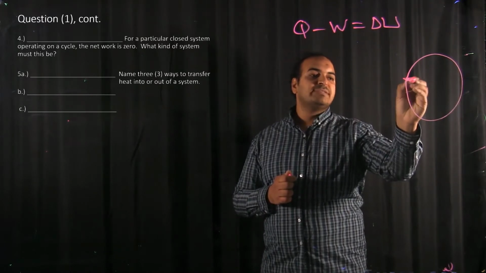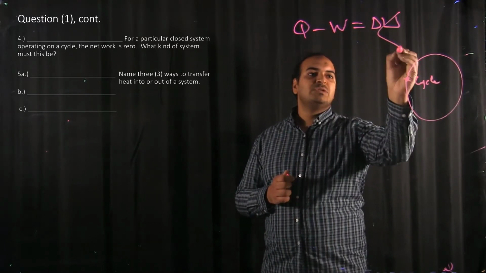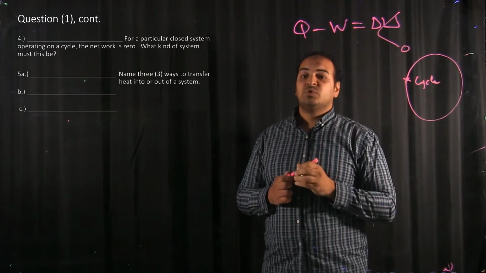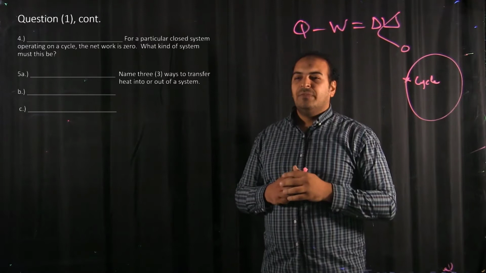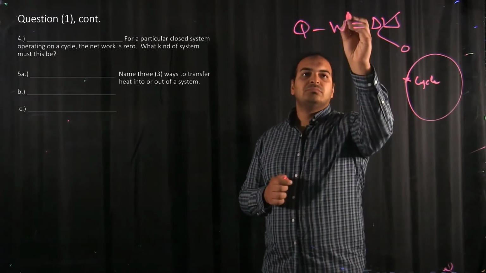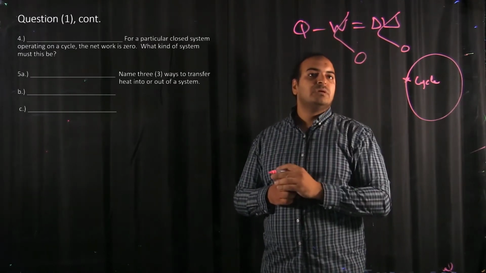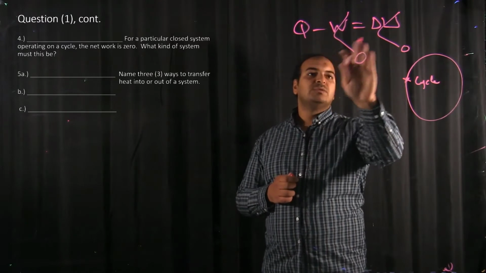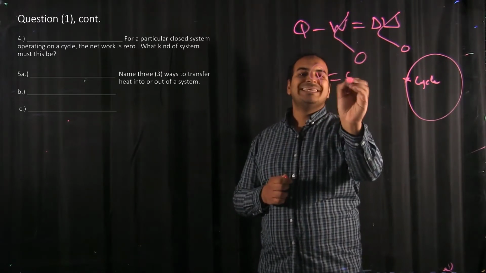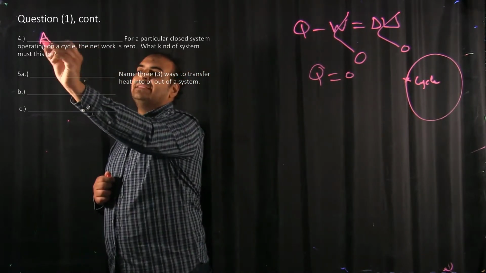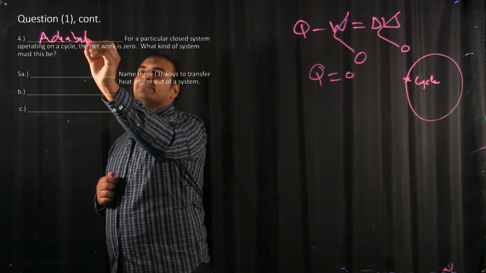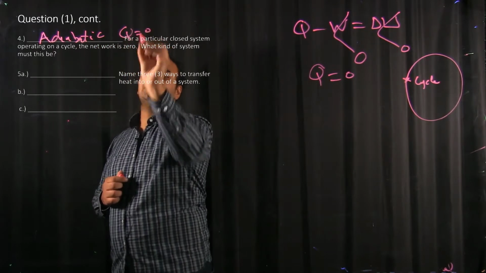If it's a cycle, of course delta U equals 0, because there is no change in total internal energy. The net work was 0. There was no work. So we have Q minus 0 equals 0, so Q equals 0. What is this, guys? It is adiabatic. What you need to do is come here and say adiabatic. That's it. Q equals 0.